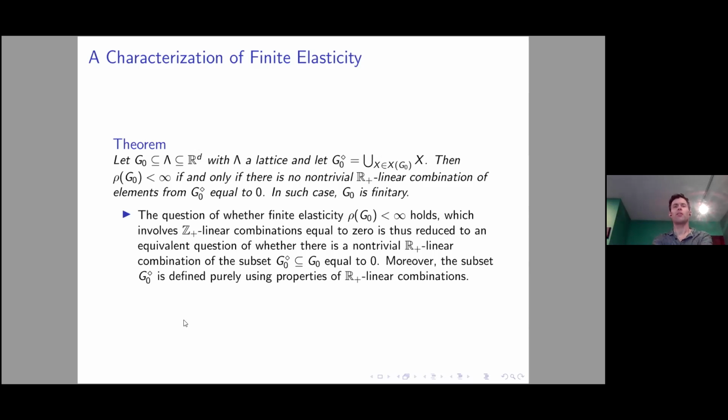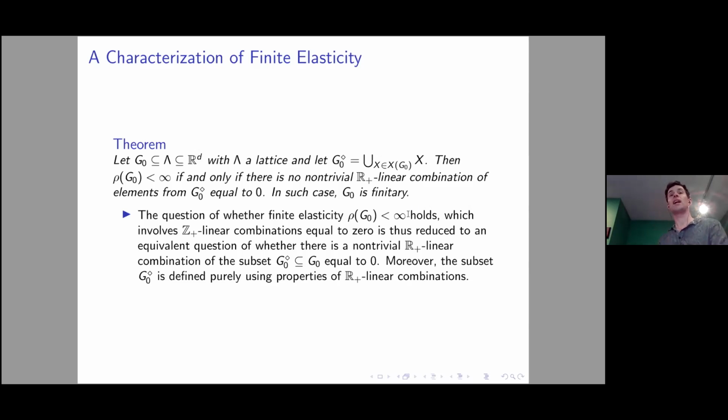I'd like to point out an important property here, something that's even independent of the algebraic applications. We started off with a question about finite elasticity for the set G naught. That's something involving minimal zero sums, which involves minimal Z-positive linear combinations. It's very discrete. And this theorem reduces that to a question about the non-existence of an R-linear combination for some special subset G naught.